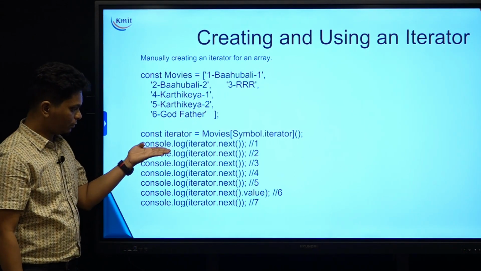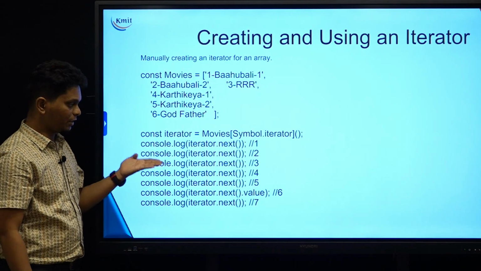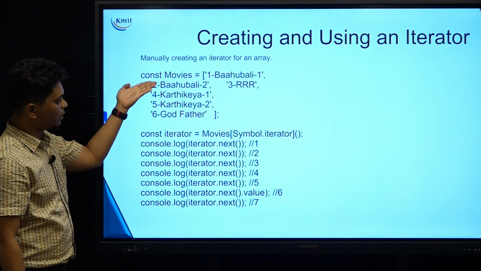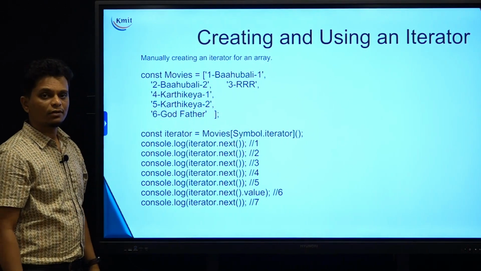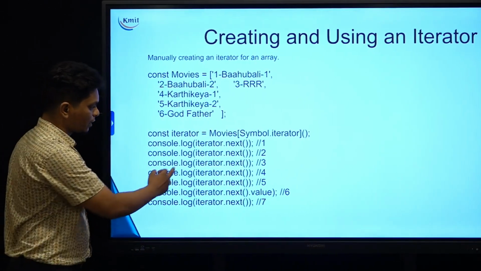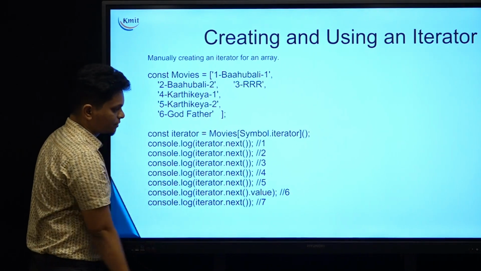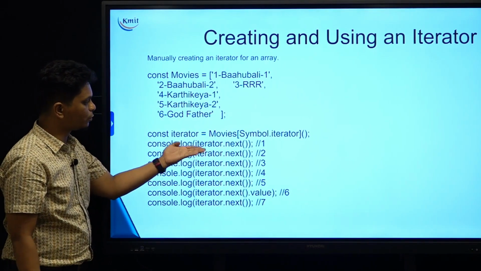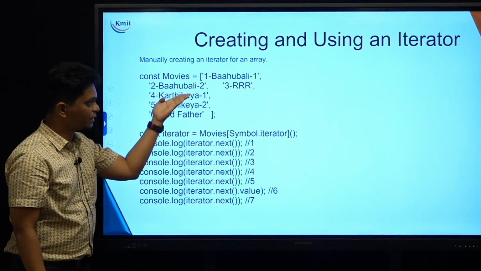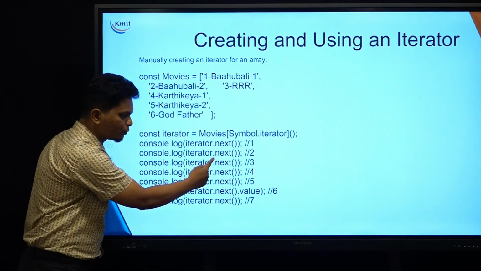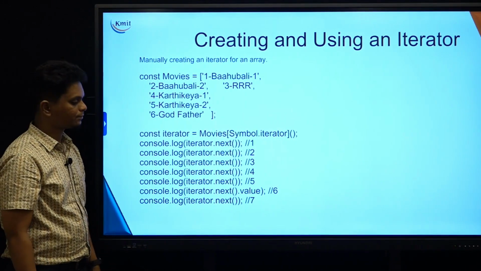Once the first iterator is called, that means the first time it tries to print the first element in the array, with iterator.next the console prints the first title. Later it prints the next title. If you can see here, I have used the .next method.